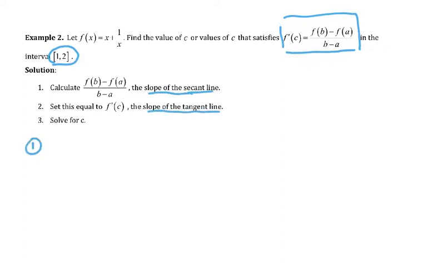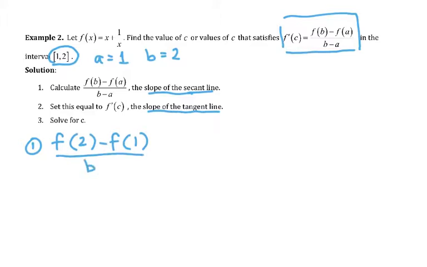So first we find the slope of the secant line. So a equals 1, b equals 2. So we want f of b minus f of a over b minus a, which is 2 minus 1.